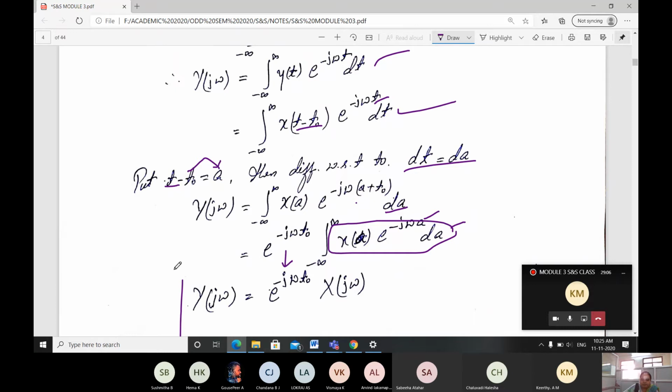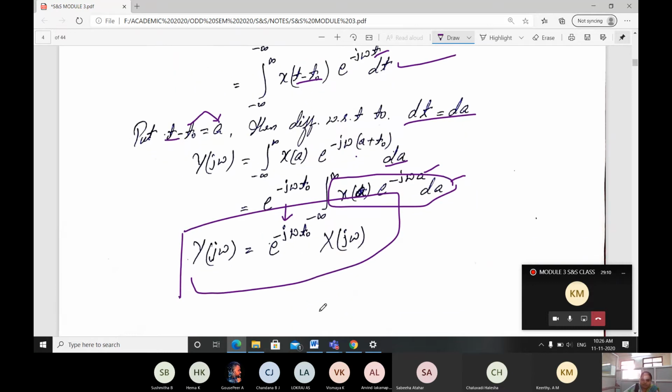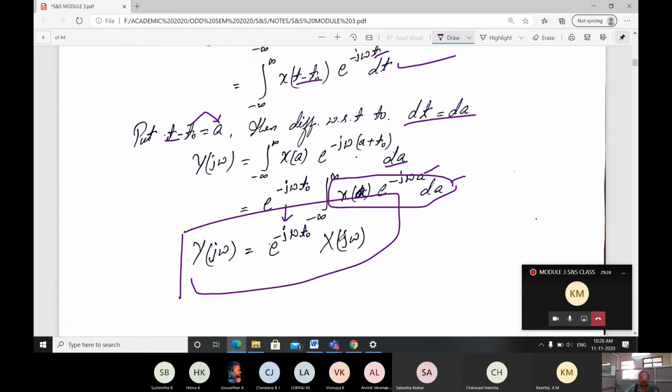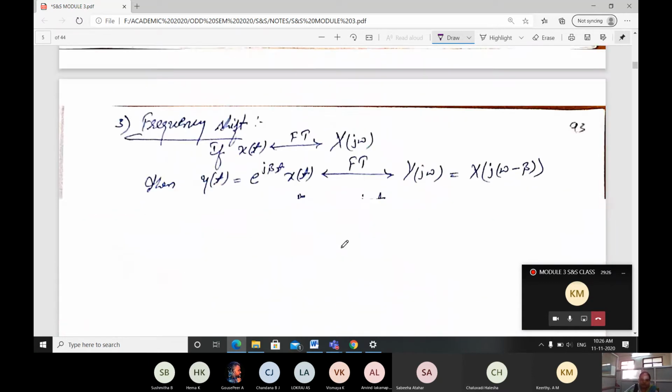Therefore, this is the proof of the time shift property: Y of j omega is equal to e raised to minus j omega t naught times X of j omega. You have to remember these properties. This is about the time shift.